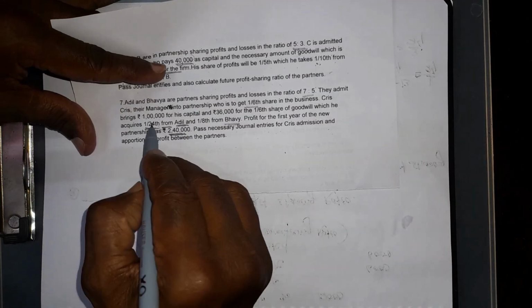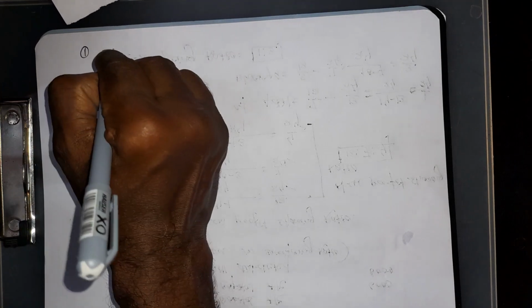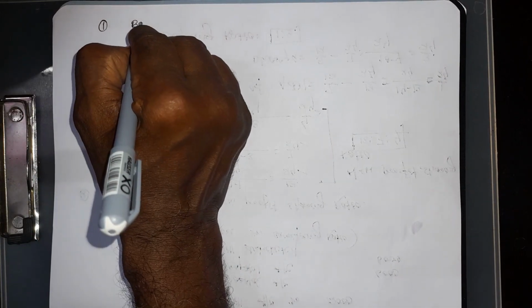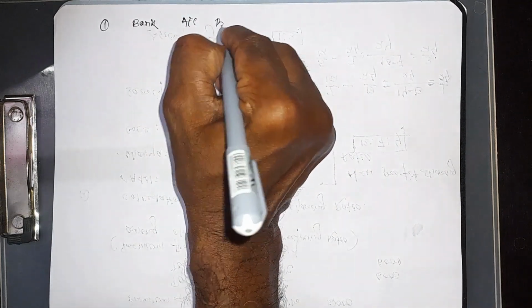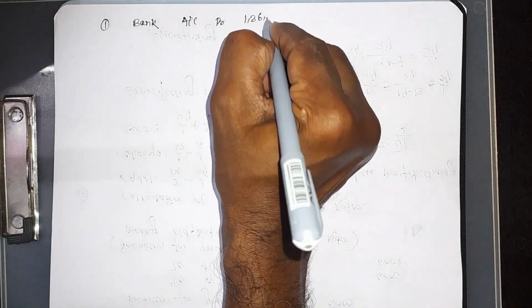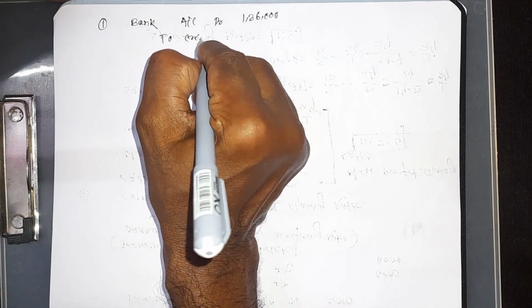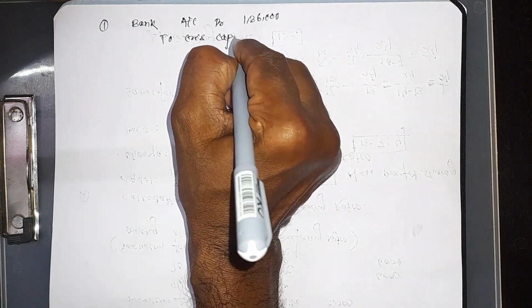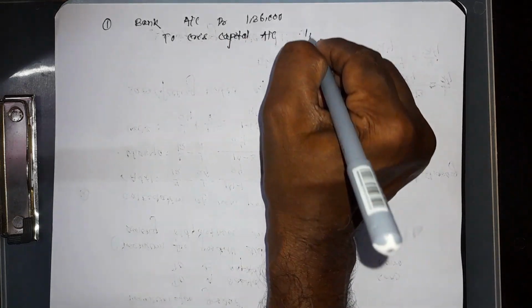So first journal entry. How much amount did Chris bring? Here it is written 1 lakh for capital and 36,000 for goodwill. So we will write it here. First, bank account debit 1,36,000. To Chris capital account 1 lakh.